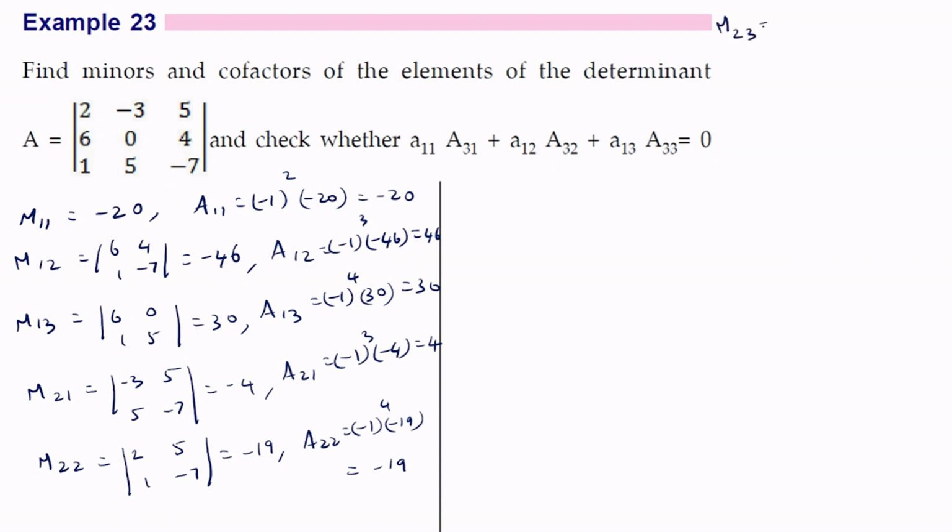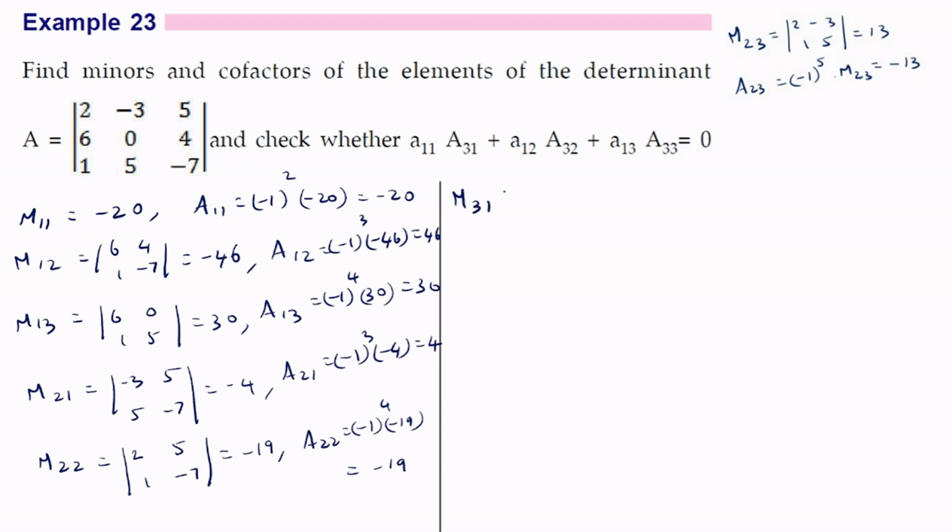So M23 is obtained by deleting the second row and the third column. So the determinant is 2, minus 3, 1, 5. So this is 10 plus 3, which is 13. And next we have the cofactor A23. It is nothing but minus 1 the whole raised to 2 plus 3, which is 5, into M23. So it is minus 1 into 13, which is minus 13.